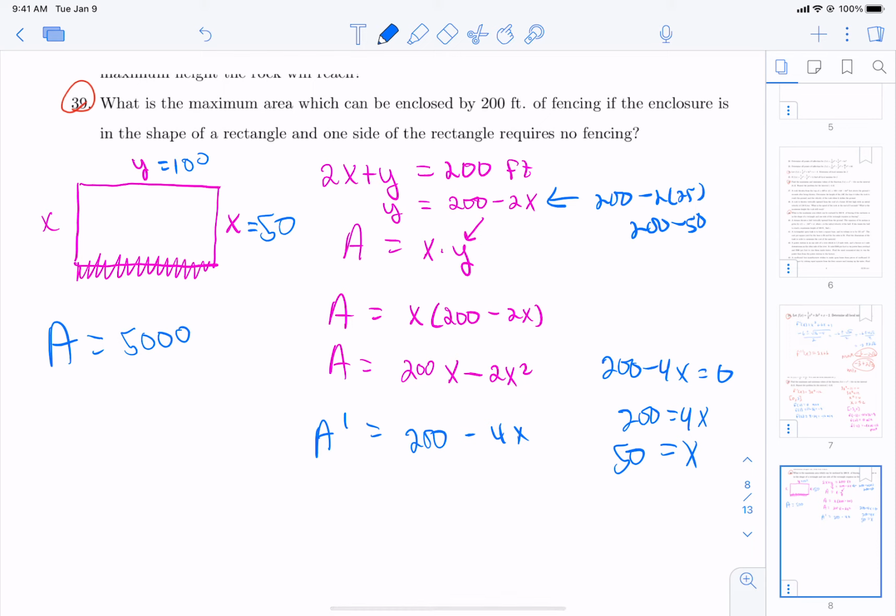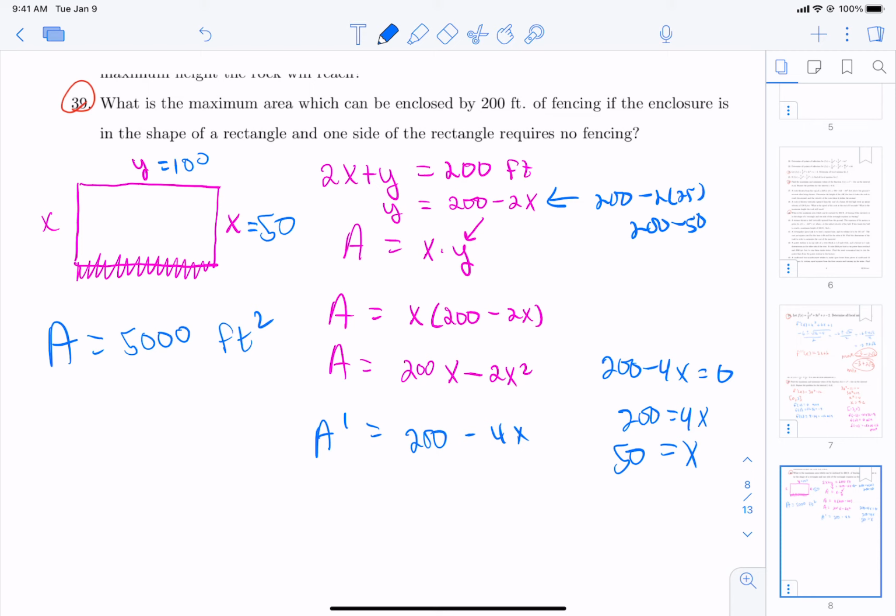What's the answer? 5,000. Well, not that part, just the X's and Y's. I swear I put that on the test. I think it's the exact same one. I don't remember, because Anthony and I were talking about it. We're like, we're just going to leave it blank.